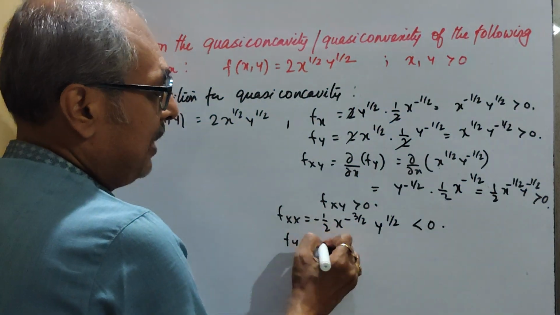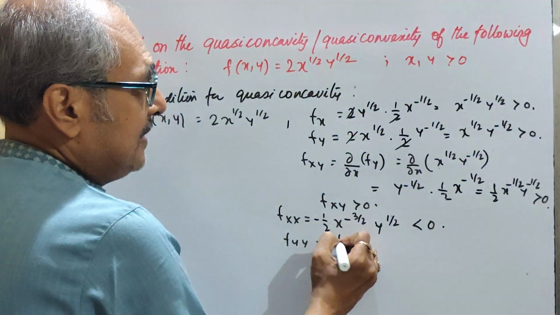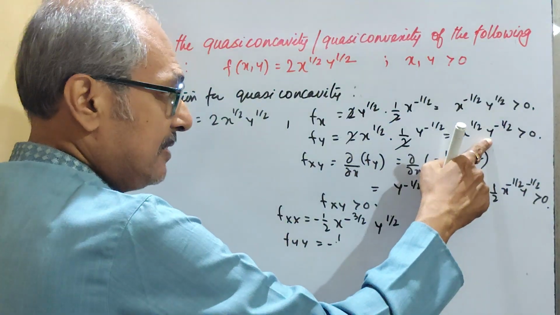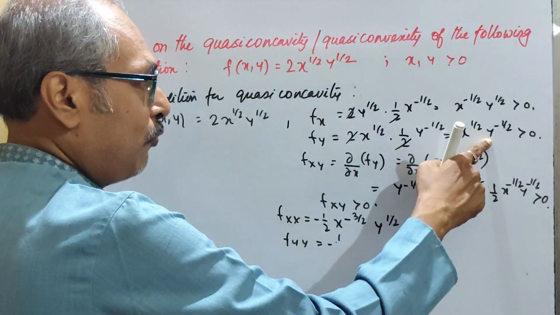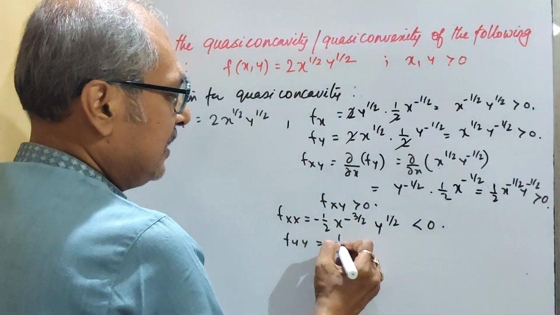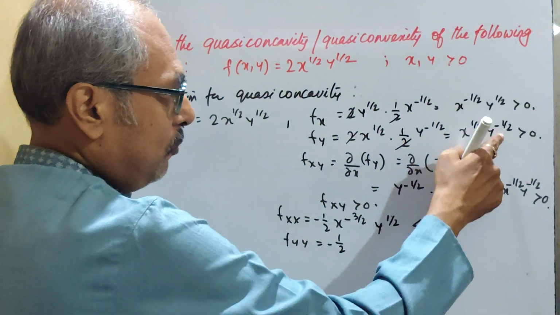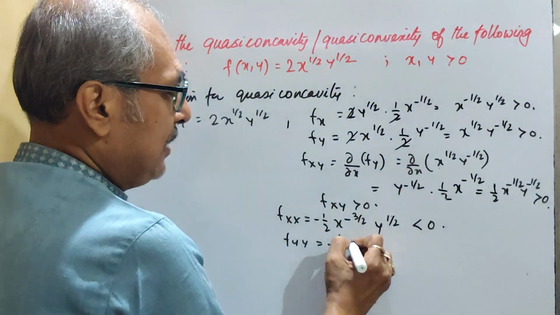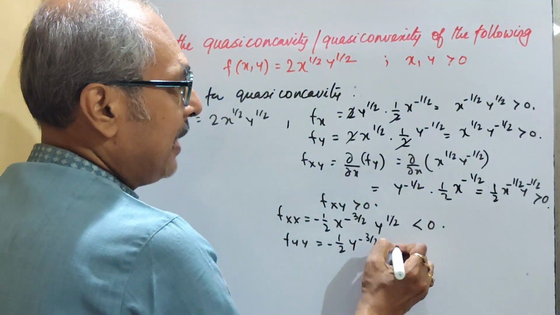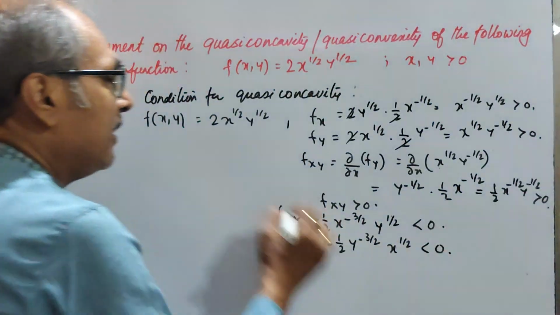And fyy, differentiating fy with respect to y keeping x constant, therefore minus half comes here, y to the power minus 3 by 2 x to the power half, this is negative.